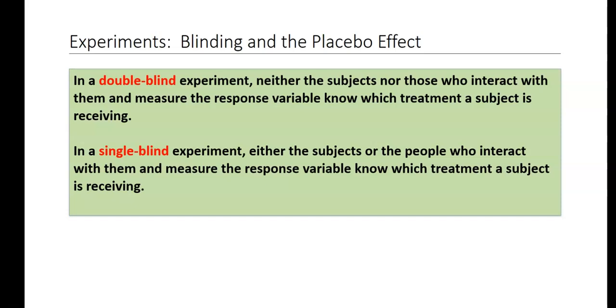So double-blind means the person who's getting the treatment doesn't know, and the person who's giving the treatment doesn't know. Single-blind happens when either the subjects or the people who work with them don't know. So typically, a single blind would be when the doctor knows what he's given you, but you don't know. So that could be an example of a single blind.